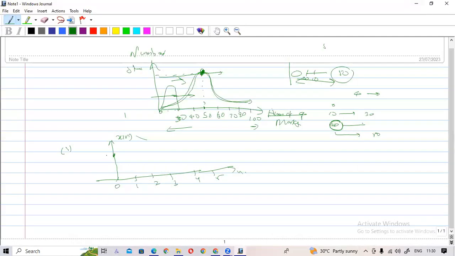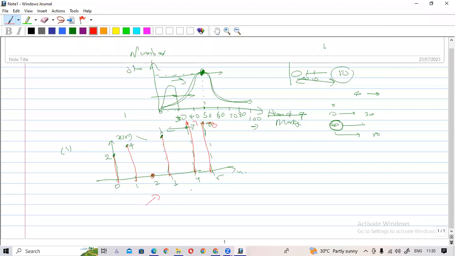So this is 2, this is 4, this one is 0, this one is 6, this one is 7, that's the fourth sample, and the fifth sample is 8. So these are the samples.